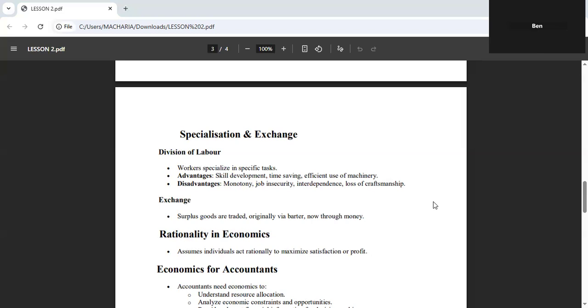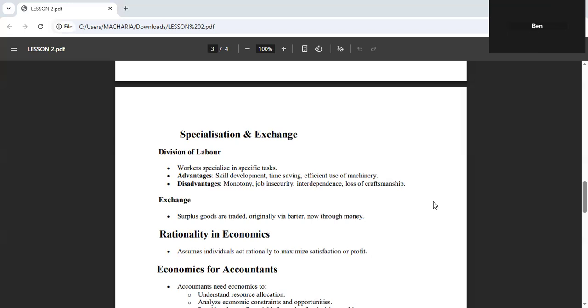So in this case, you're talking about workers specializing in specific tasks. The advantage of this is that you bring up skill development, time saving, efficient use of machinery. And the disadvantage is monotony. When you keep doing the same thing all the time, it becomes monotonous. Job insecurity, interdependence, loss of craftsmanship, etc.